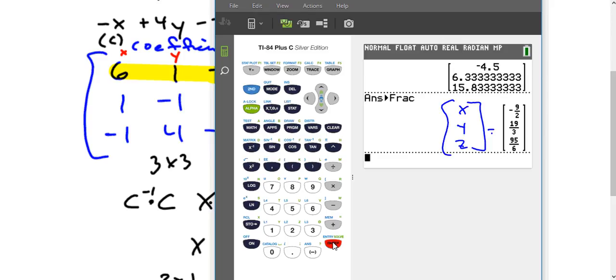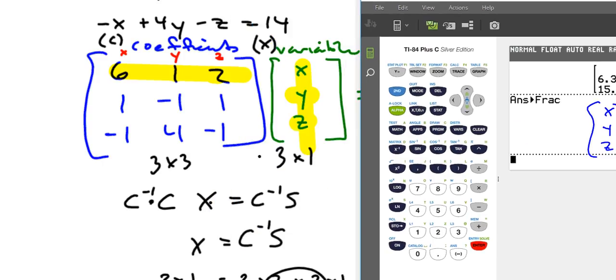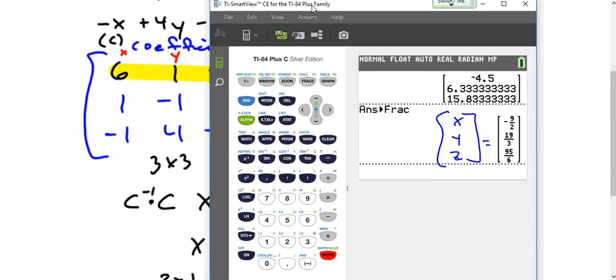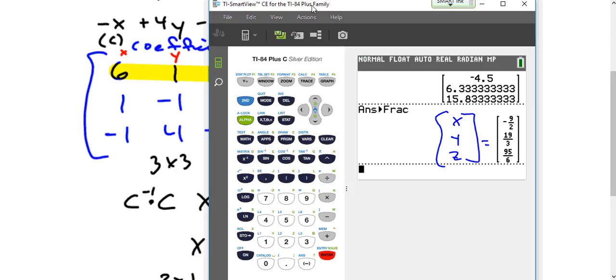I inputted everything right and wrote everything down correctly. That would be our solution. So what we have is our solution matrix equal to negative 9 over 2, 19 thirds, and then 95 over 6. Not perfect, not great, but that's what we got.